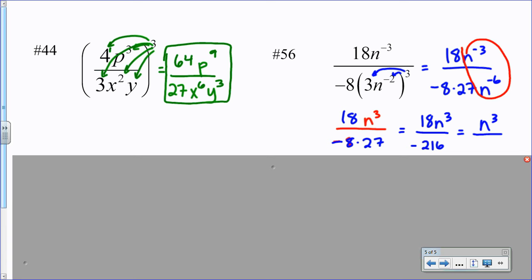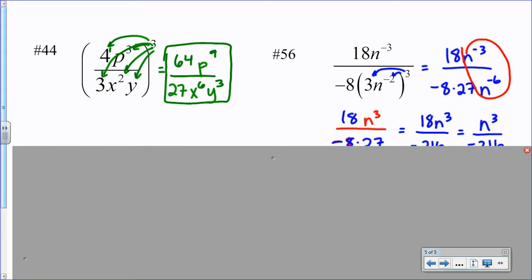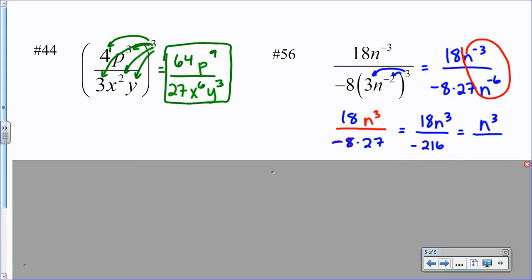So you can write the 1 on top, but you do not have to write the 1 with that n. Questions about that? Okay.